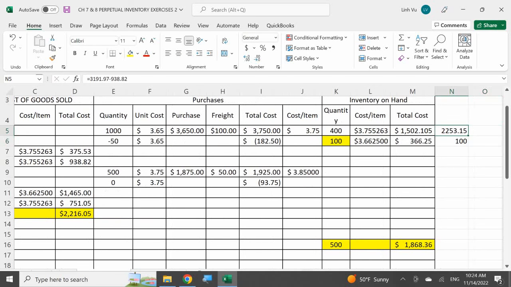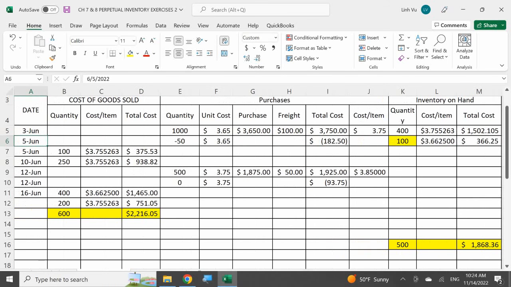Because if I had 2253.15 and I just sold 751.05, I should have 1502.10, which is true, but right now it's telling me that I have 10 and a half cents. So we need to make sure that says 10, not 10 and a half. Right? So that is what we have left on inventory on hand.